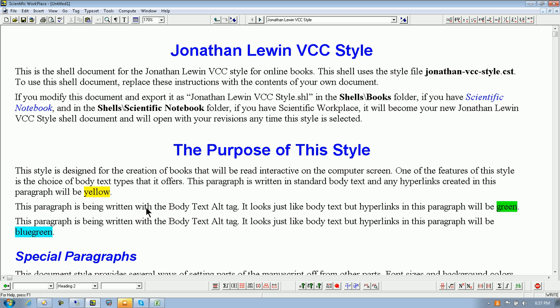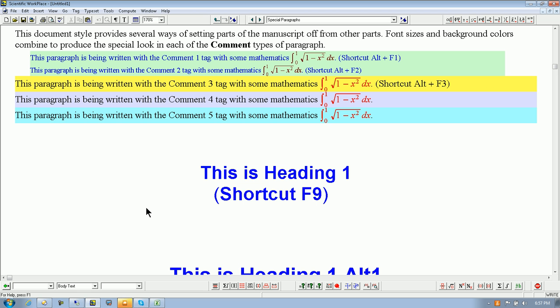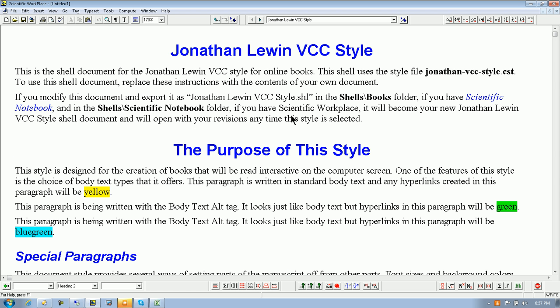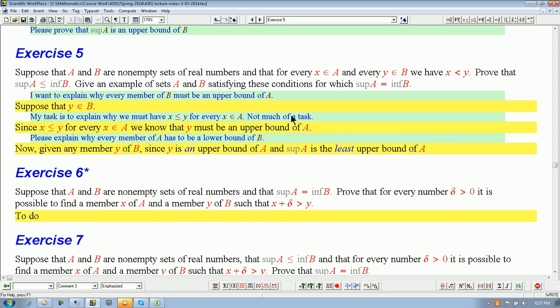Could have sworn I put it. No, I didn't. That was for the yellow. Alt 3 is what came up. No, F6. I guess it was a secret. Anyway, all right. Let's get back to the math.